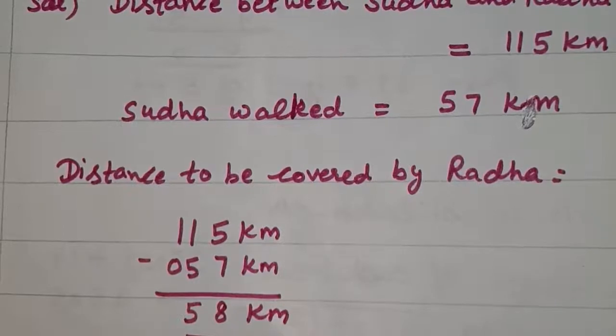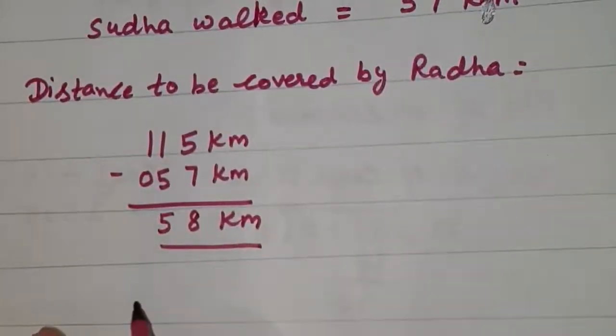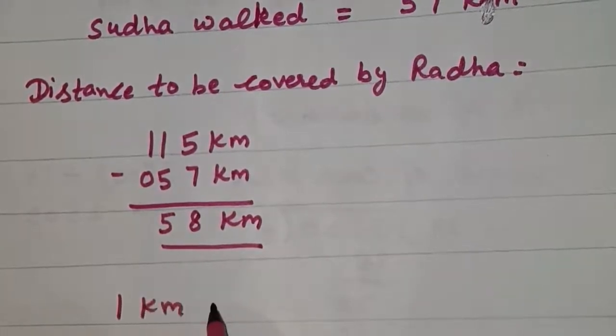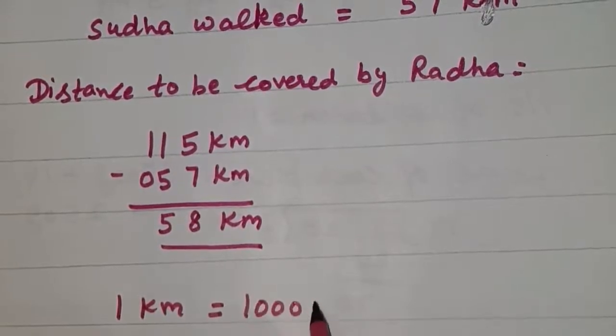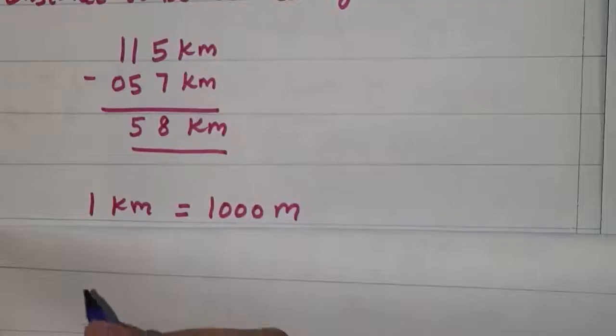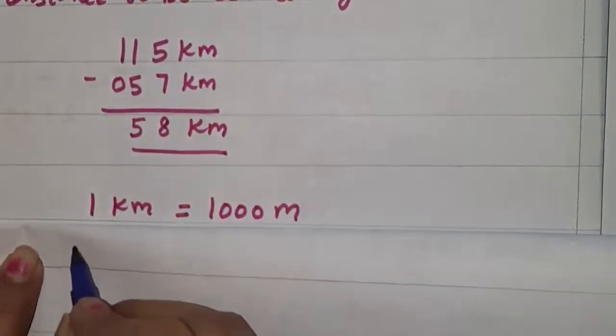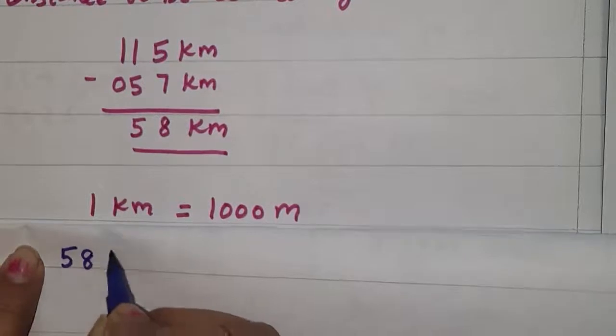Now we have to give the answer in meters. 1 kilometer is equal to 1000 meter. And now distance covered is 58 kilometer.